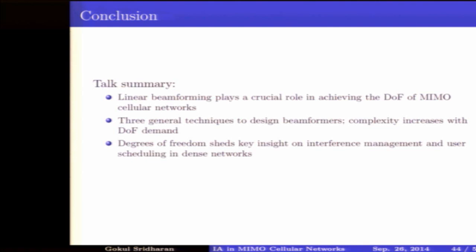So the further away you are from the boundary, the easier it gets to achieve those degrees of freedom. And it can shed important light on interference management in dense cellular networks, and also some insight on how many users to schedule in dense networks. With that, I'll conclude.